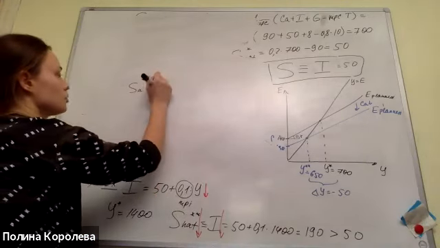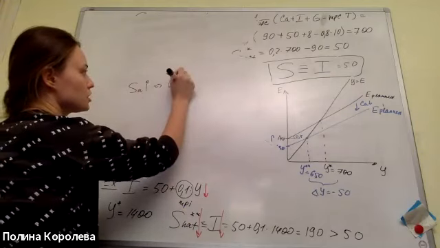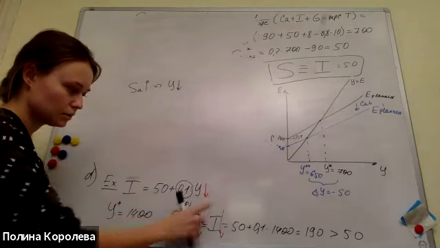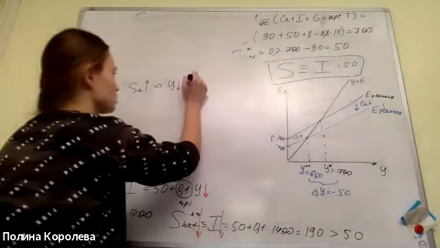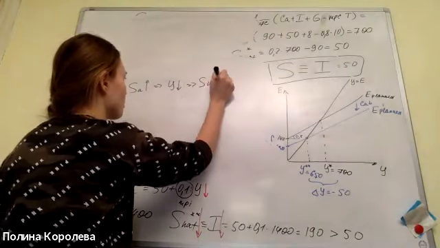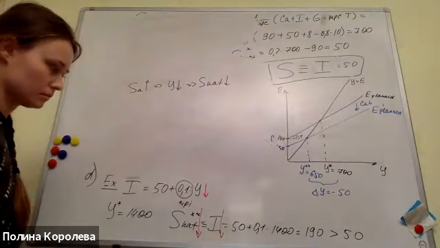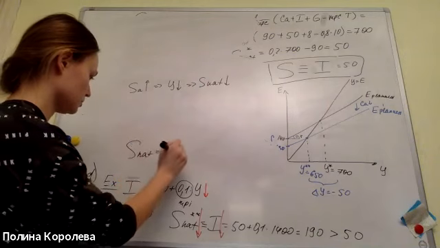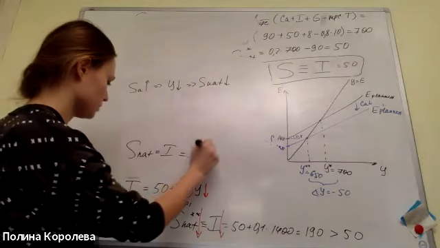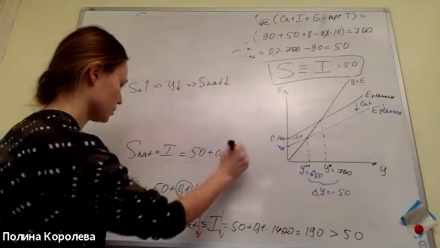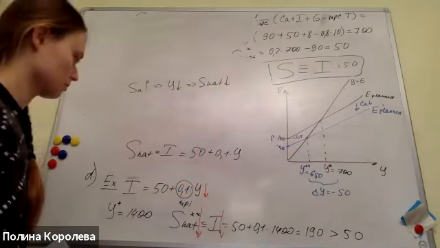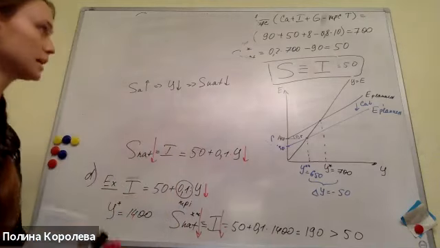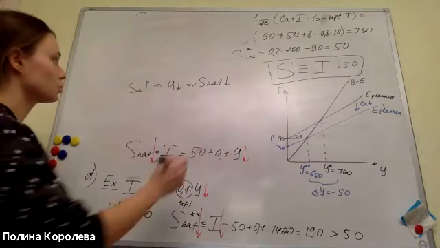We understood that GDP became lower, yes, but also national savings became lower. One more time, national savings equal investment, equal to, for example, 50 plus 0.1 multiplied by y. But national savings are now lower.